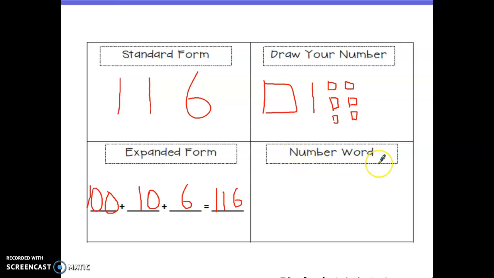Now I'm going to write my number using the word form. So I will write 100 16.